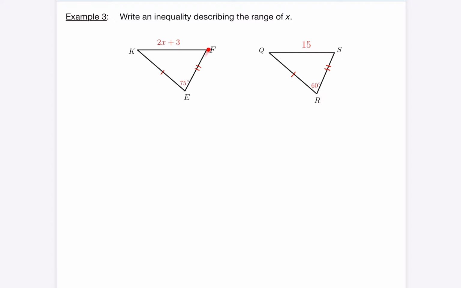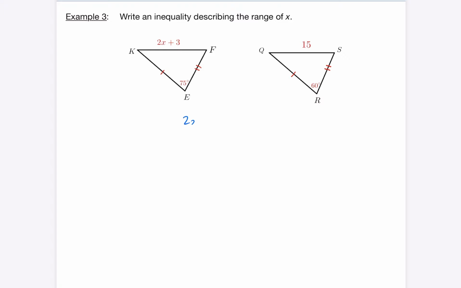And side EF is also the same as side RS, because of this double hash mark. So we've got this included angle, 75 and 60. We know that 75 is larger than 60, and so the side opposite 75 will also be larger than the side opposite 60. So let's go ahead and write that relationship.